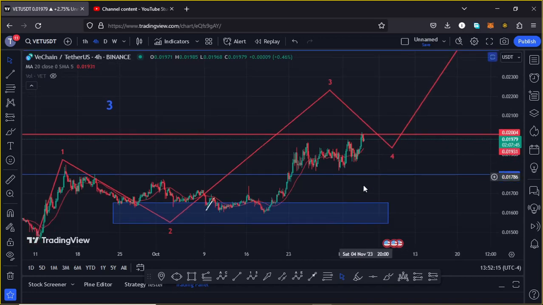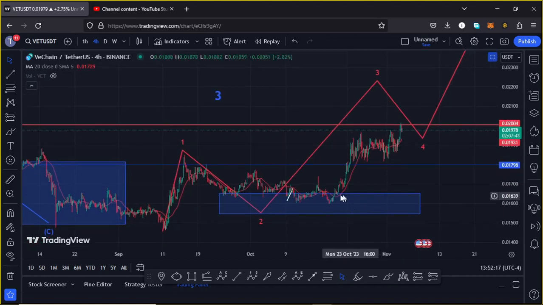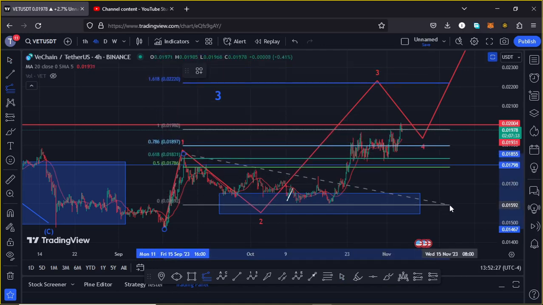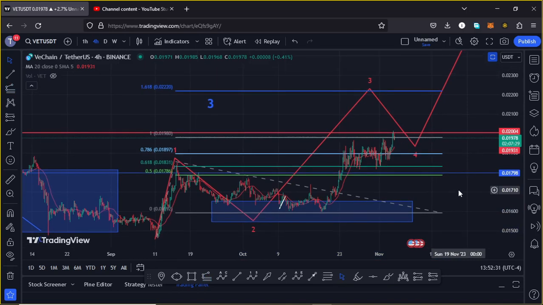And the minimum target areas for that wave 3 can be given by connecting the trend-based Fibonacci from the low of the wave 1 to the high of that wave 1, then dragging the fibs to the low of the second wave, giving me a minimum target area that is at the fib level 1.618, and that is at around the $0.022 mark.